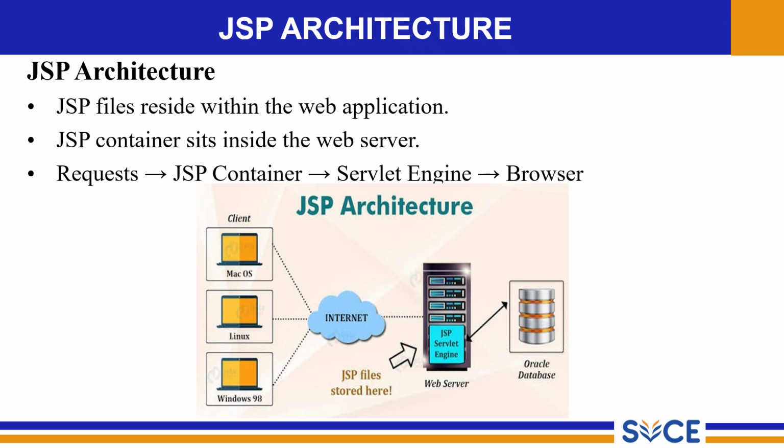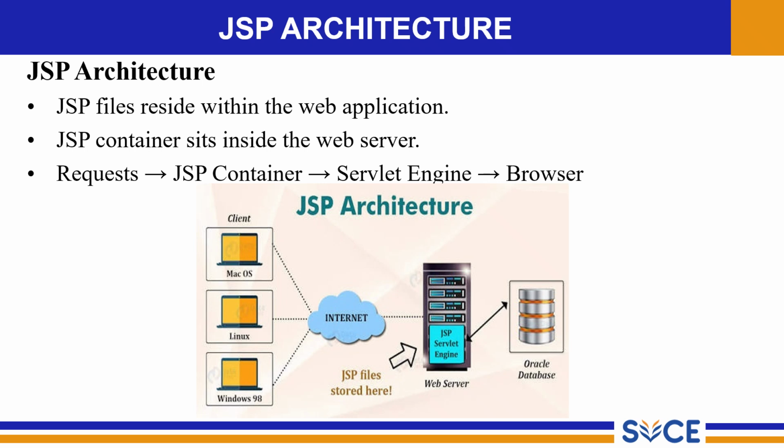This container is responsible for interpreting the JSP file. If the JSP has not yet been translated or has been modified since its last processing, the container converts the JSP page into a Java servlet. This servlet is then compiled into a class file. The container ensures that the servlet is up to date and ready to run.